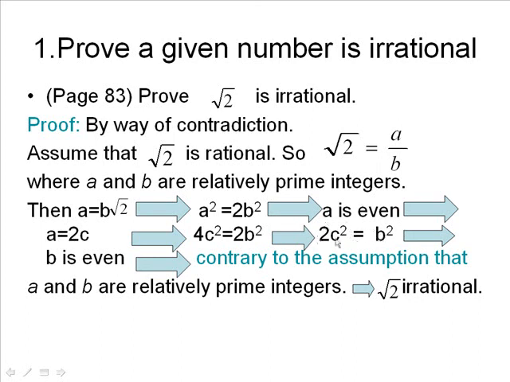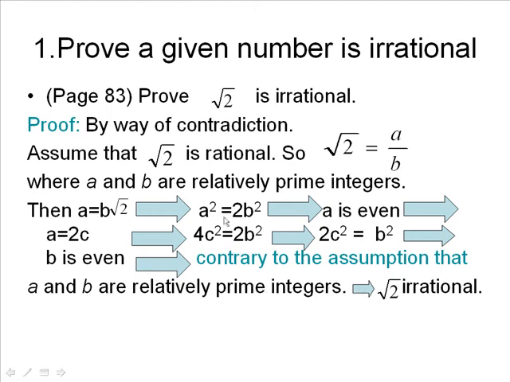Similarly, because 2c squared is even, b squared is even, and if b squared is even, then b is also even. From these two conclusions, a and b are both even numbers, so they must have a common divisor of 2. But it will be contrary to the assumption that they are relatively prime, which means they have no common divisor except 1.